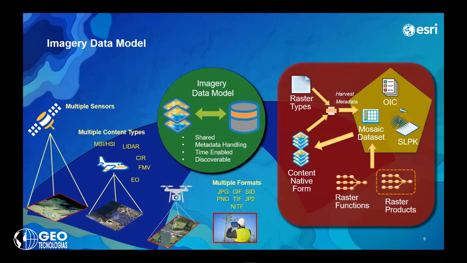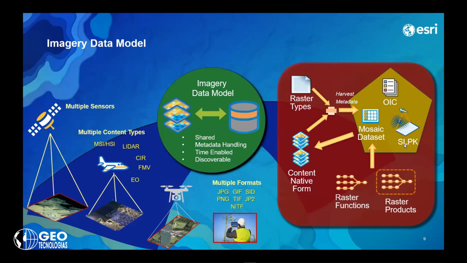So a lot of the phone and tablet data is never intended to be used to create orthophotos or base maps, but it's rather used to be able to do inspection, attribute collection, or documentation of a particular state of an object at a time. So we've created this oriented image catalog to allow you to manage that very large collection of data.